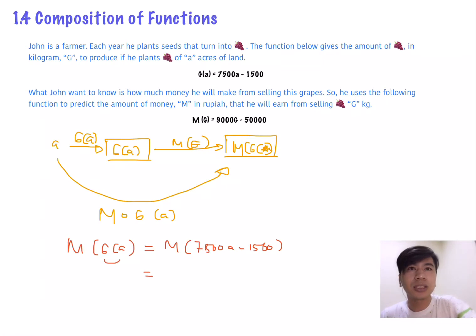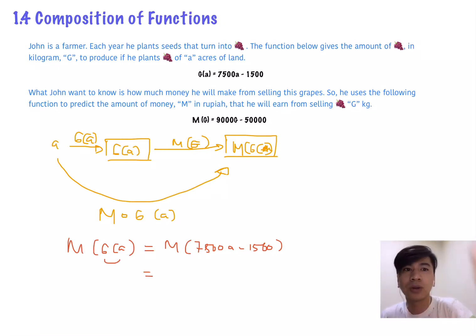It's the same thing. If we have m of x, then this will be 9,000x minus 50,000. If I have m of g, this will be 9,000g minus 50,000, and so on. If I have m of 7,500a minus 1,500, then it will be 9,000 times 7,500a minus 1,500, minus 50,000.